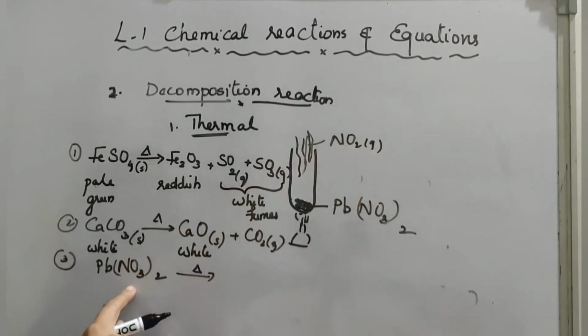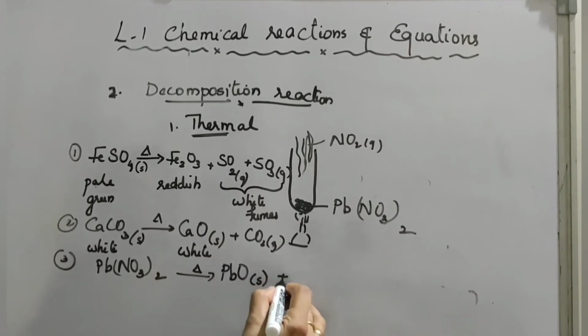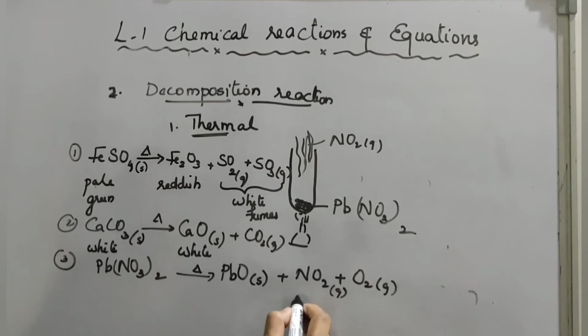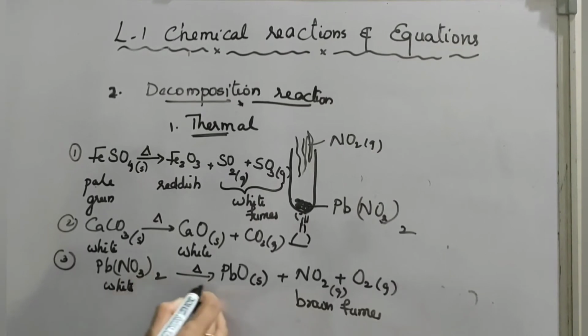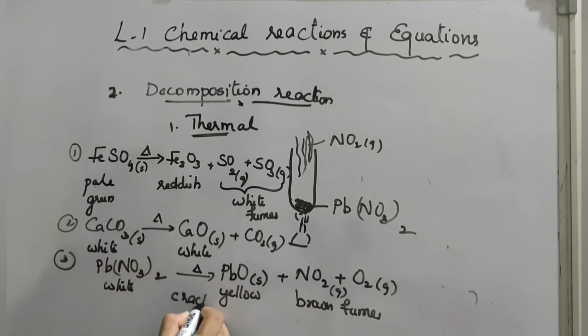Lead nitrate on heating gives lead oxide, which is solid form, plus nitrogen dioxide gas, and one more gas, oxygen gas. What is the color of nitrogen dioxide gas? Brown fumes. This white lead nitrate changes to yellow color, and moreover we can hear a crackling sound.